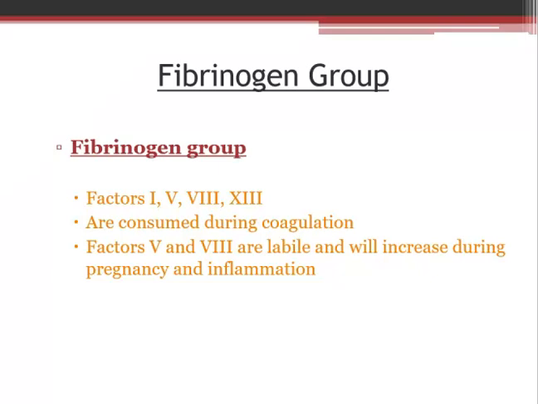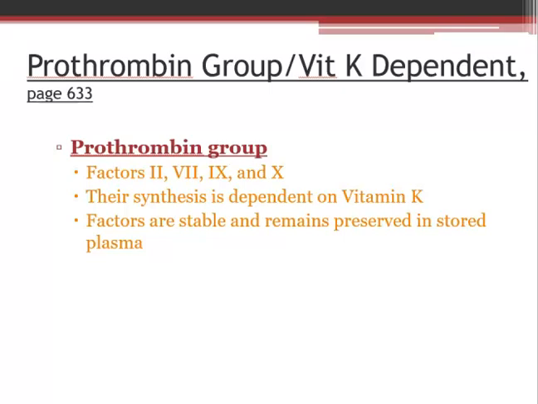The prothrombin group, or the vitamin K dependent group, is factors 2, 7, 9, and 10. Their synthesis is dependent on your vitamin K. The factors are usually stable and remain preserved in stored plasma.